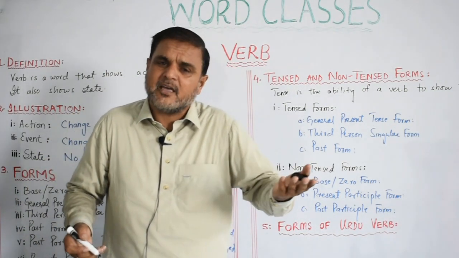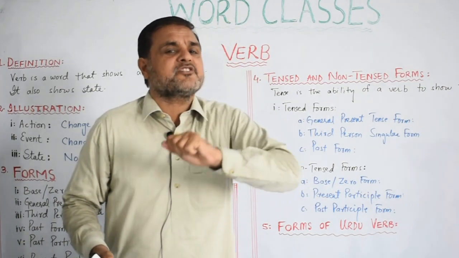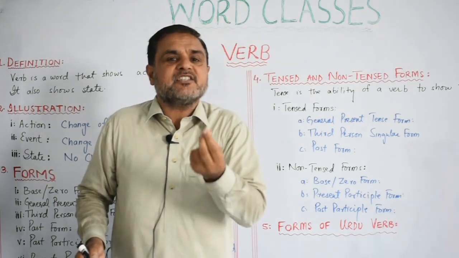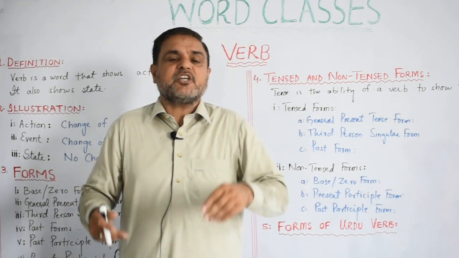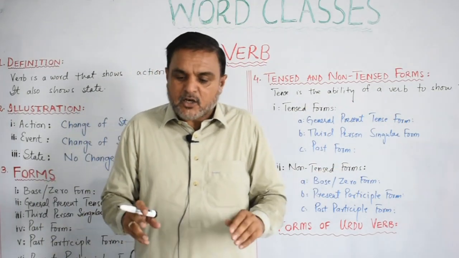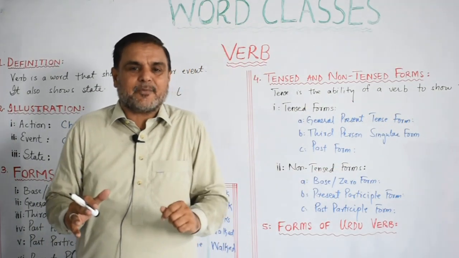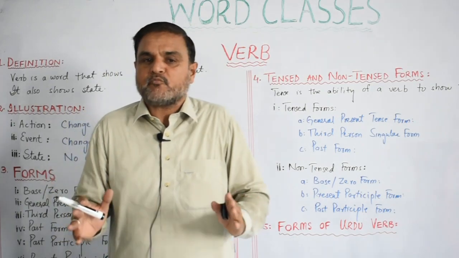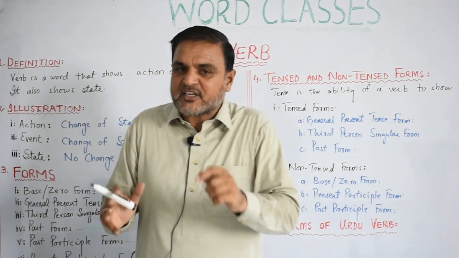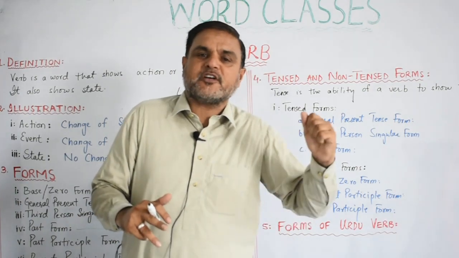And in the same way, there are thousands of such words in English language that represent changes of states. This is the reason we call them verbs. So I hope that you've got the basic concept of what we mean by action. Action means change of state.